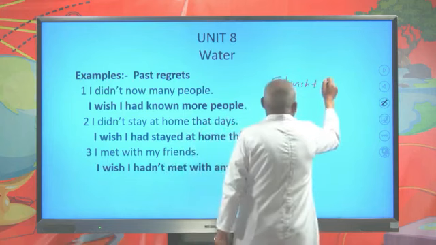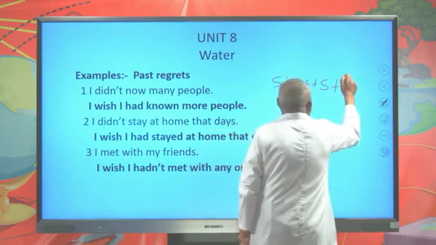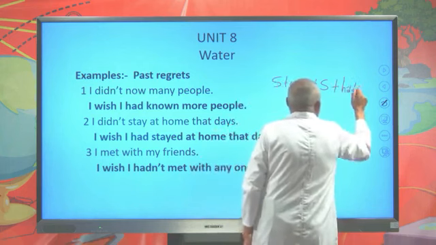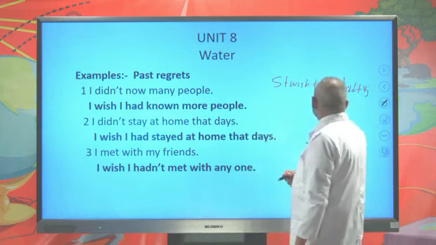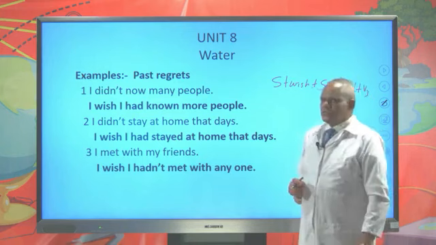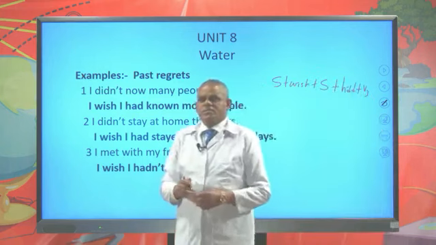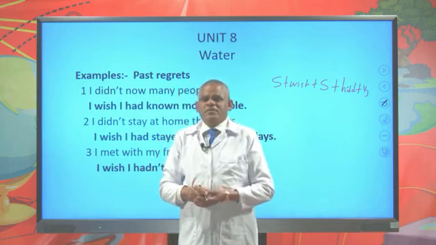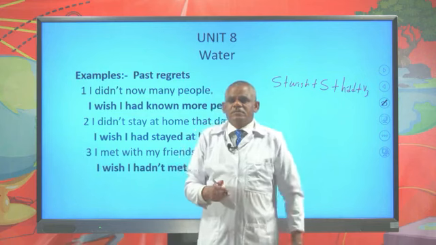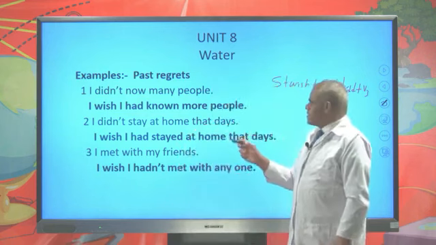Had plus V3 form, that is past perfect tense. So when you use the wish structure in this case, you have to use this form: subject plus wish plus subject plus had plus V3 form implies that your regret is about the past.